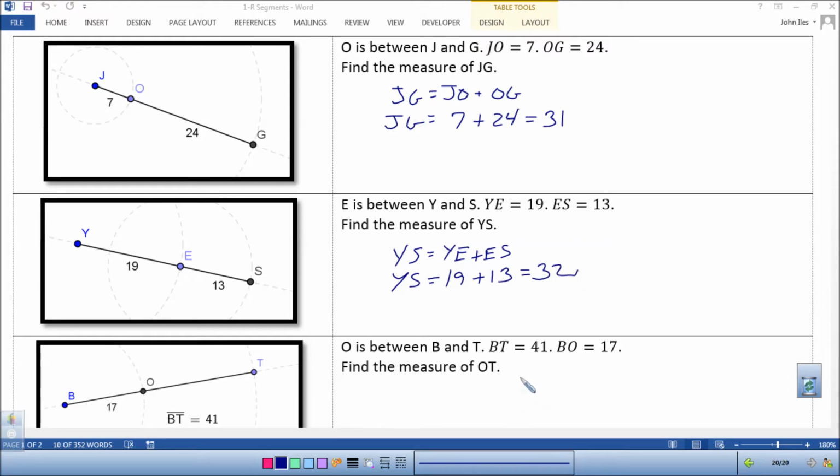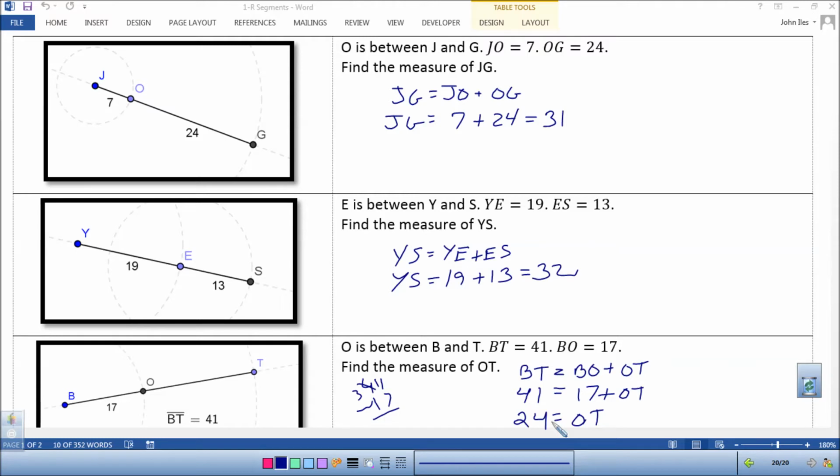And for this last one, we have BT equals BO plus OT. BO has a value of 17. BT has a value of 41. We're looking for OT. If I subtract 17 from both sides, I get 41 minus 17. I got to kind of work this one out. 24.